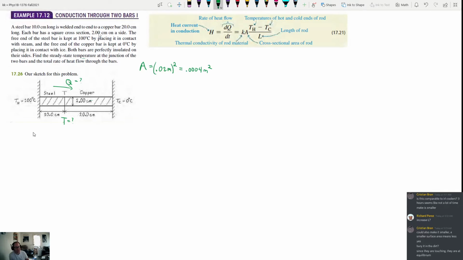You think maybe we could split it into two different heat transfers? Okay. What would that look like? How could we describe what those two heat transfers would be?